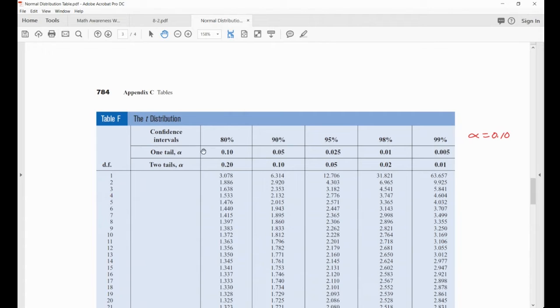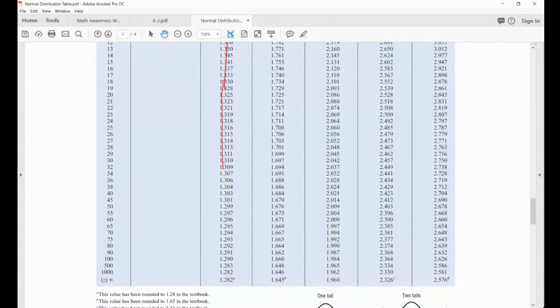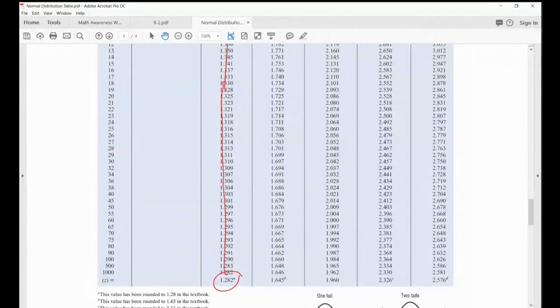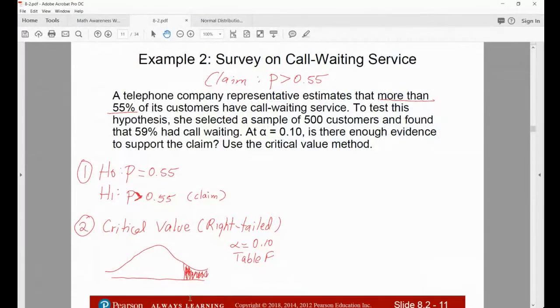So one tail alpha 0.10 is here. Can you see the last row? So what will be the critical value? 1.282. So this number here is 1.282. Positive because it's a right tail test.